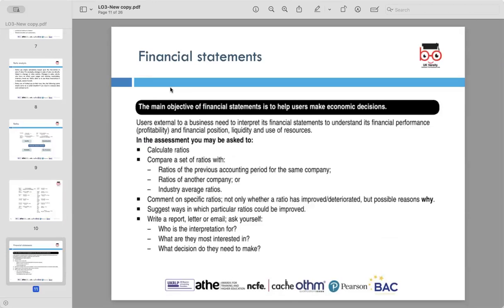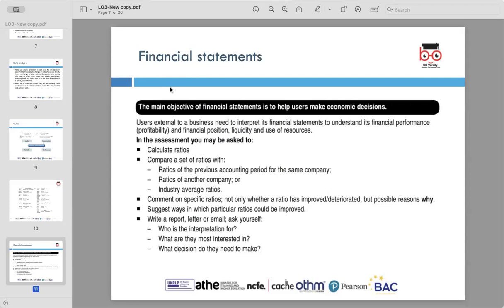Financial statements are an important tool for various stakeholders to make informed economic decisions. These stakeholders external to the business need to interpret financial statements to comprehend the financial performance, position, liquidity, and resource utilization of the entity.